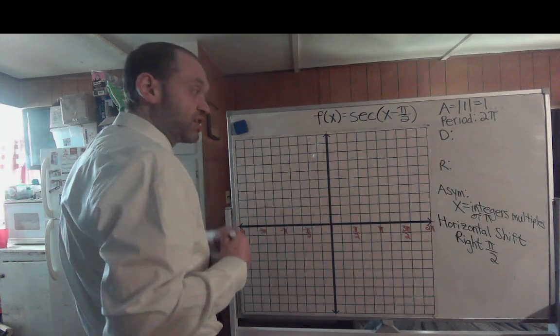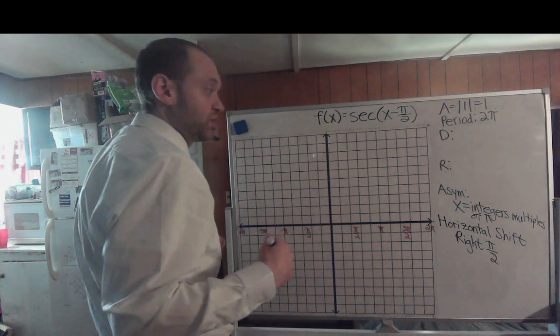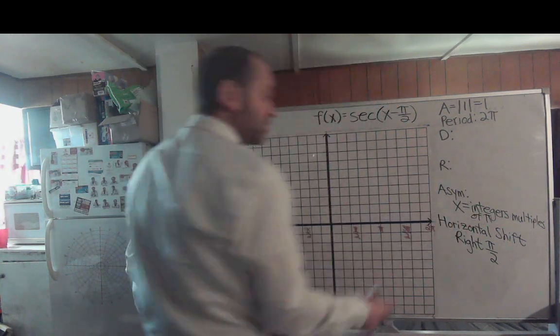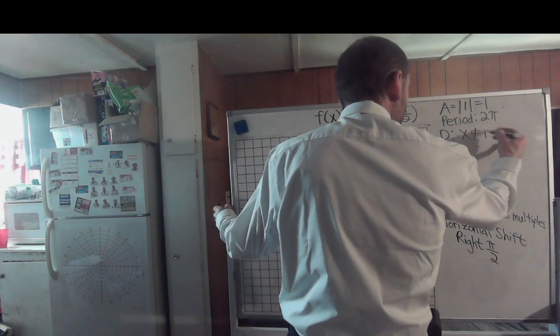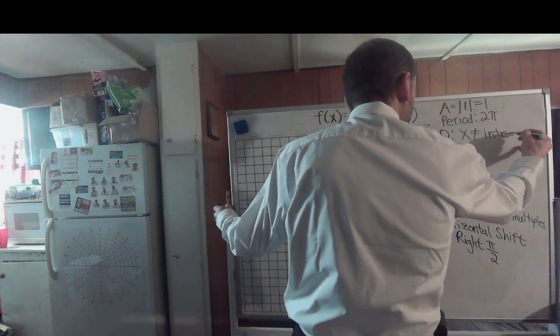So, though this is a secant function, it's actually starting to behave like a cosecant function. So now that our asymptotes are at those integer multiples of pi, that means that our domain is everything except for x equals those integer multiples of pi.